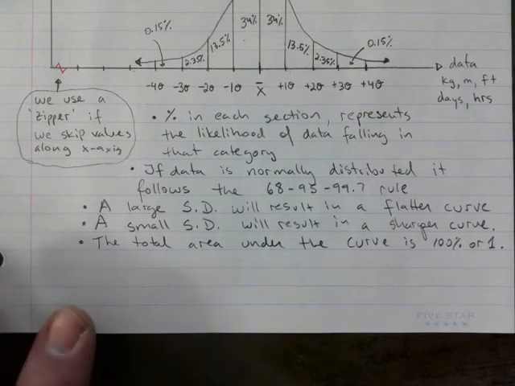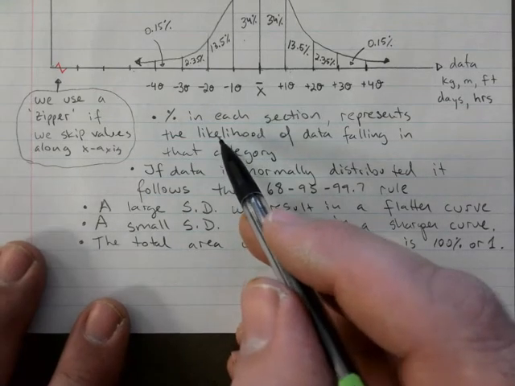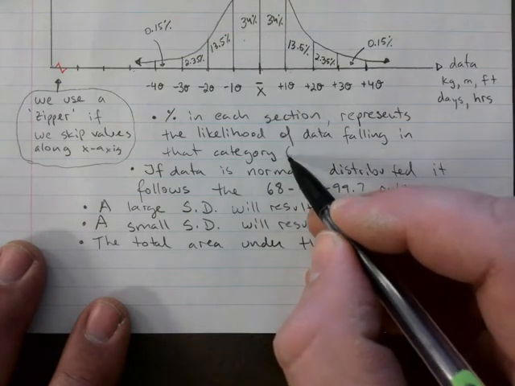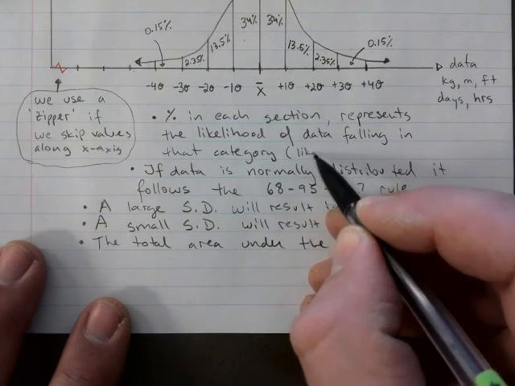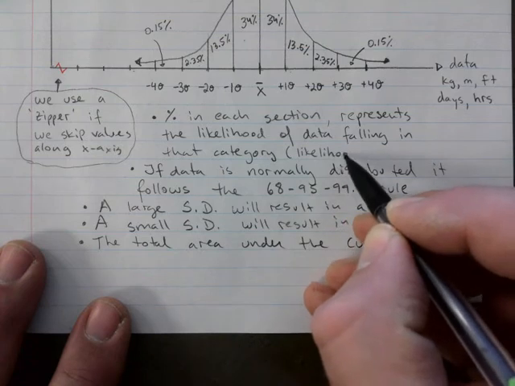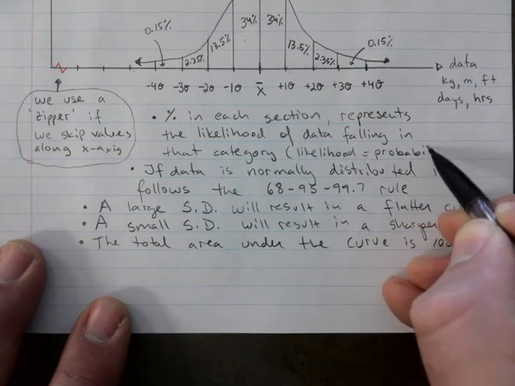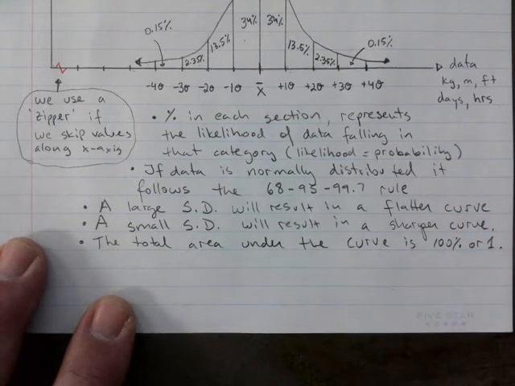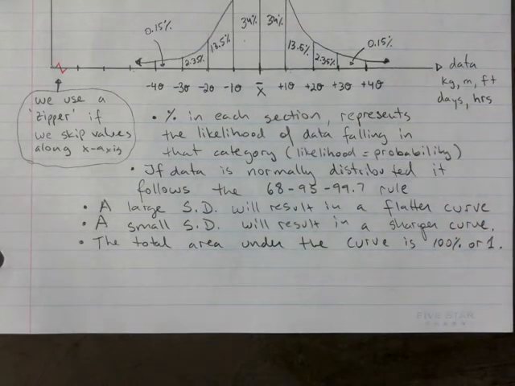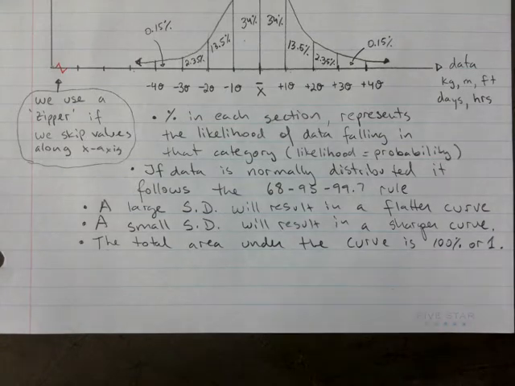Can we add that to the first point here, the first bullet? I will just do this. Likelihood is equal to probability. Because sometimes they will say, what's the probability that someone will have studied between 5 and 10 hours? And so it is the likelihood, the probability of that happening.